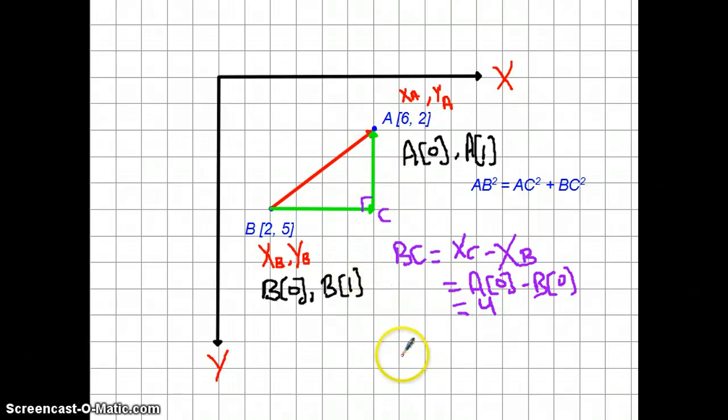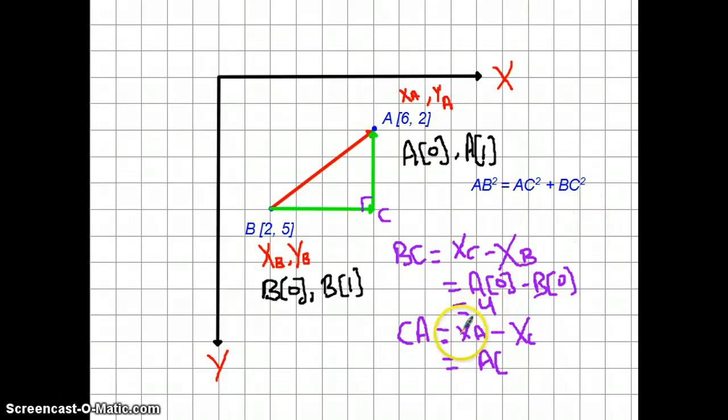Now, AC, or CA because it's a vector. Always start mentioning the vector by its tail, then its head. So CA is equal to X of A minus X of C. Sorry for that. CA is vertical, so it has no relation with the x-axis.